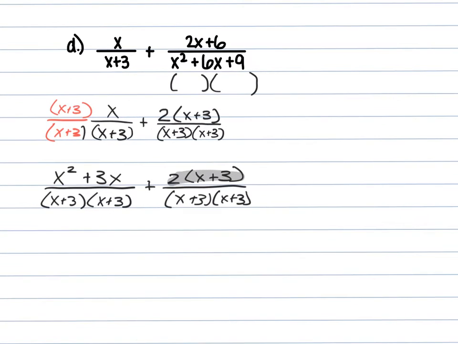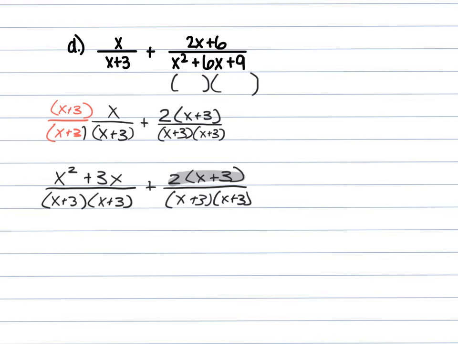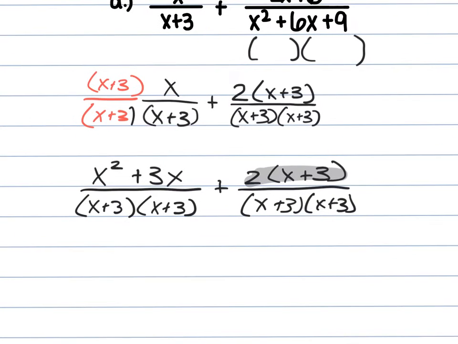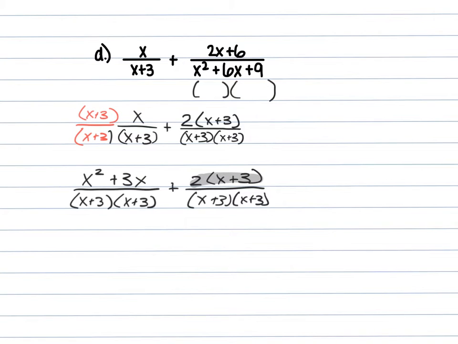Yeah, it actually looks like that's not going to help us. See that x plus 3 on top and it's on the bottom too? It makes me want to cancel it out. But if I cancel it out, then I can't add them together. So I go, maybe it wasn't good to factor out that 2. Maybe that didn't help me. So I'm just going to show you what happens when we combine them together.